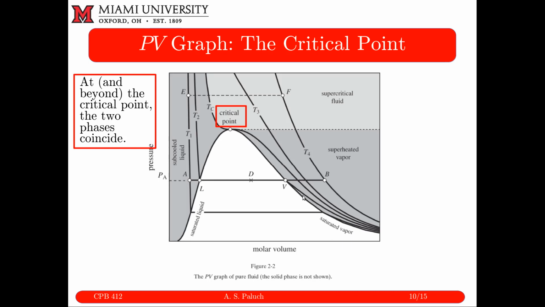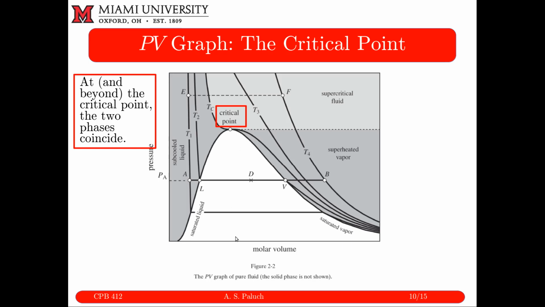If I look at my dome, my phase envelope, it's widest at the bottom at low pressures. Then as my pressure increases, as I approach where my critical isotherm hits my phase envelope, the top of this dome corresponding to my critical point, the two regions of my phase envelope get closer and closer to each other.